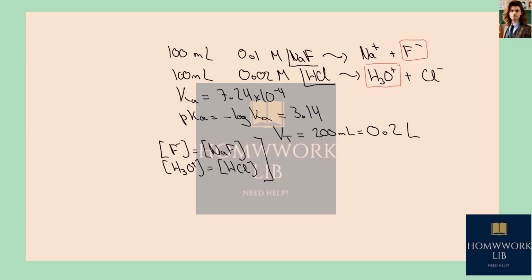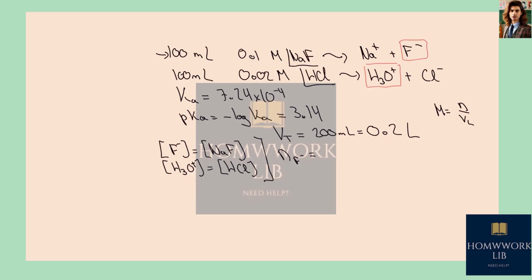The next thing that we need to identify is the amount of mole of F minus that we're going to have present in solution. Remember that the definition for molarity is amount of mole divided by the volume in liters. So if I added 100 milliliters of the sodium fluoride solution, the amount of F minus that is going to be generated is going to be equal to the volume times the molarity.